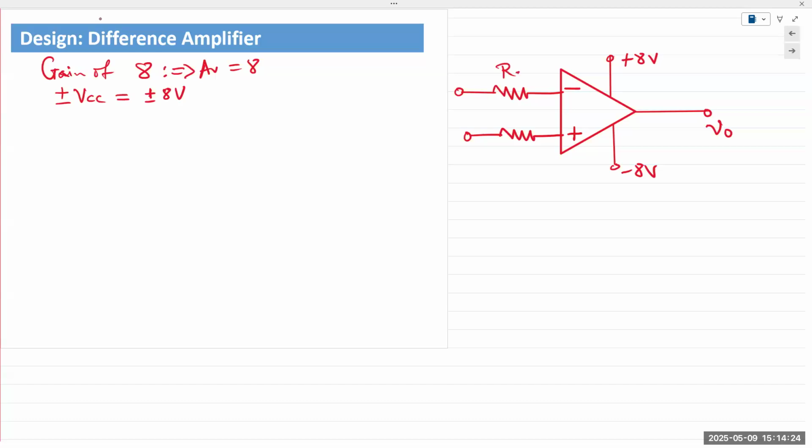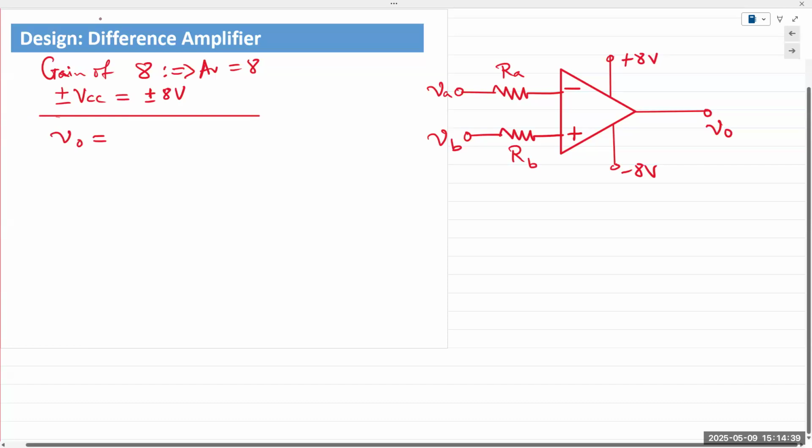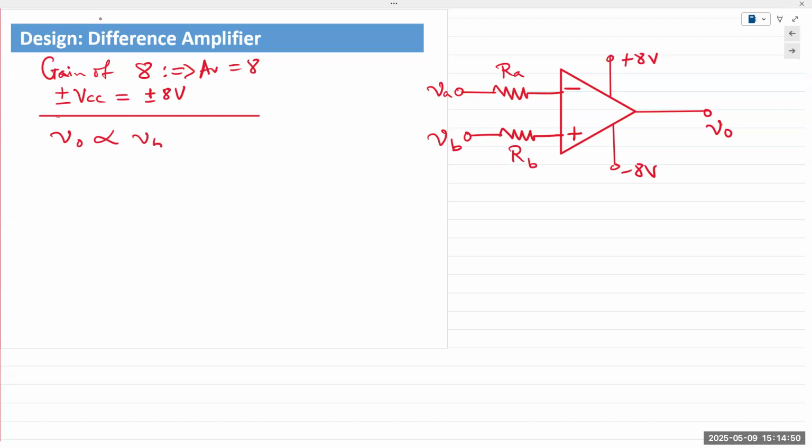Let's call them RA, RB, VA, VB. So our V out, of course, is directly proportional to VB minus VA, right? The difference.